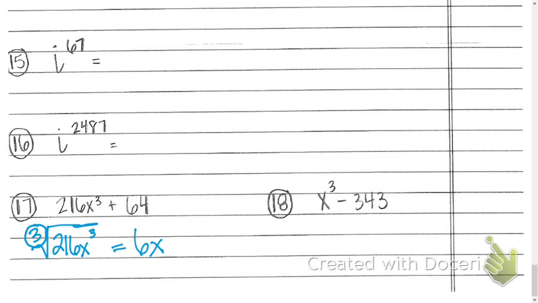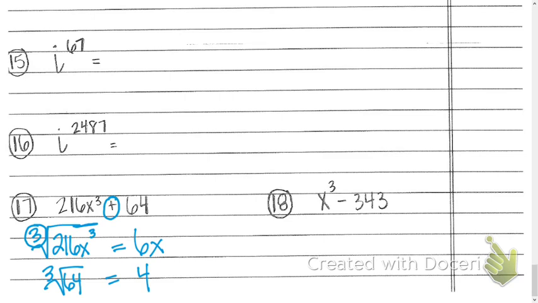Now, take the cube root of just 64. 4. Does that have a letter? No, so it's 6x plus 4. Okay. So is this going to be a sum of cubes or a difference of cubes? It's going to be a sum.